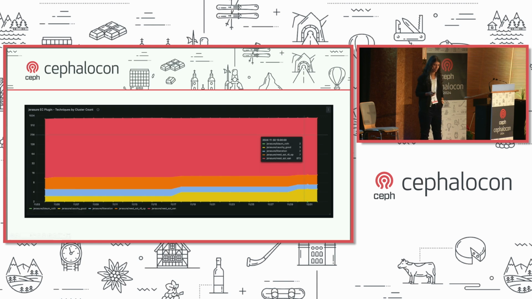And we wanted to have some deeper details about the plugin and see the breakdown by techniques. So this gives us a lot more observability into what is used by users out there, in case we want to make big changes, in case we want to invest more in a certain feature or deprecate anything.